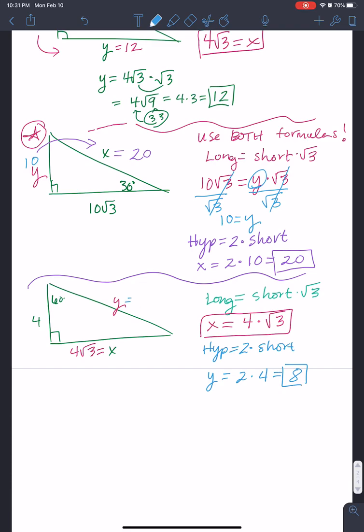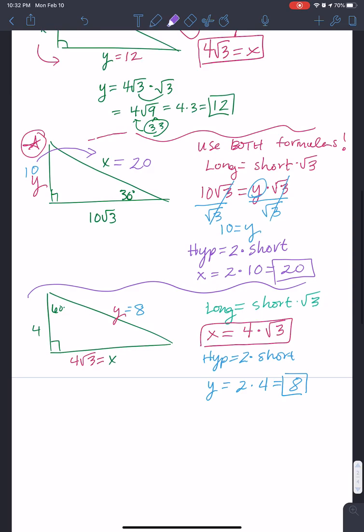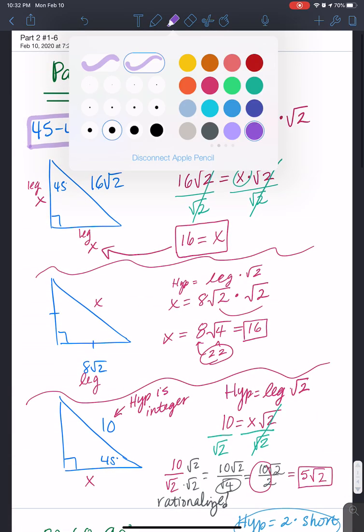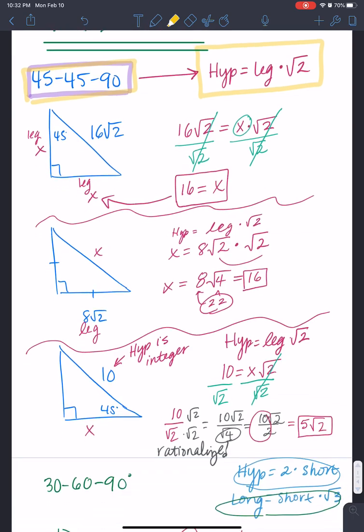Okay? If you're still confused, guys, all I'm doing right now is just taking my short leg, long leg, or hypotenuse, and I'm just plugging it into the following formulas. This for 45, 45, 90, right?